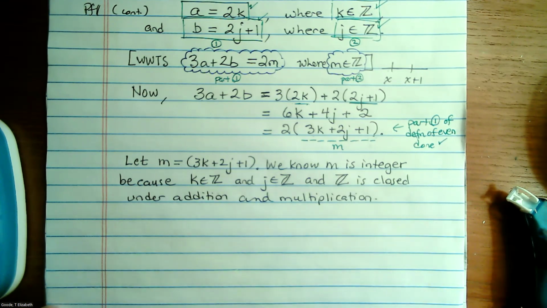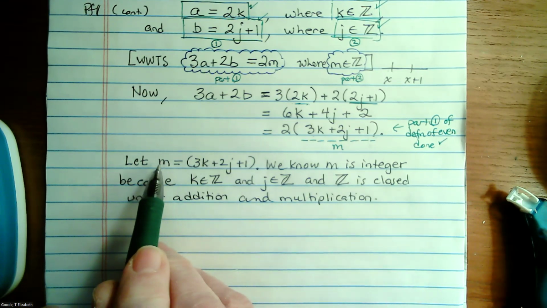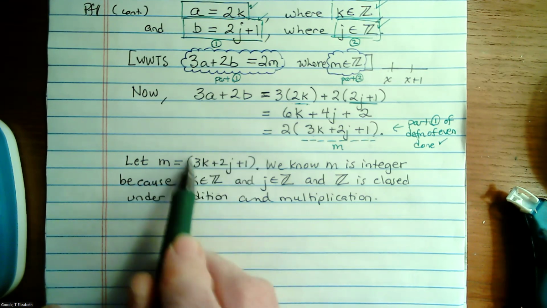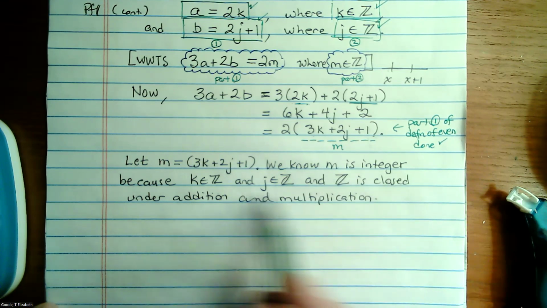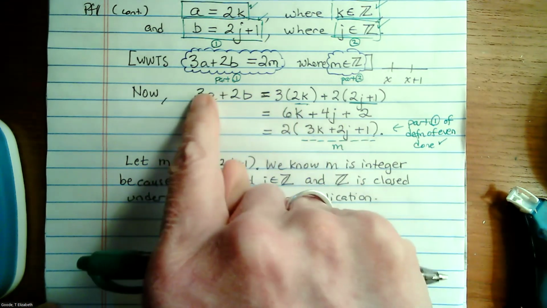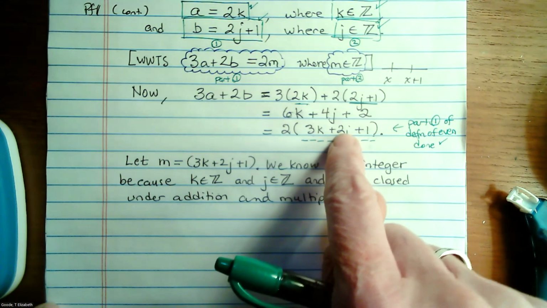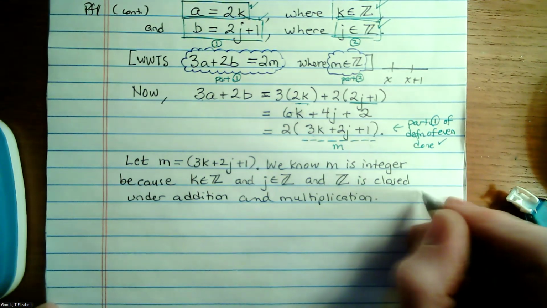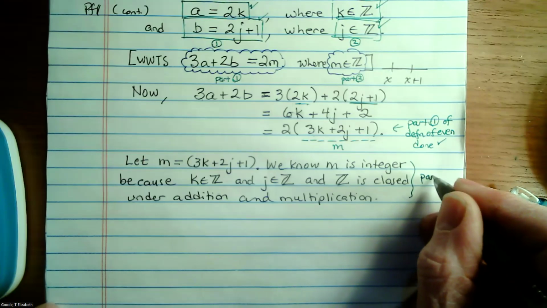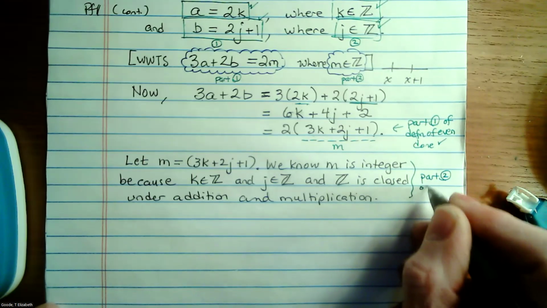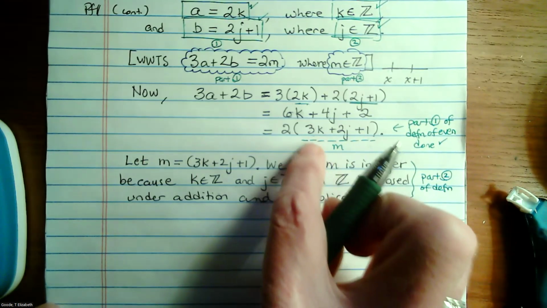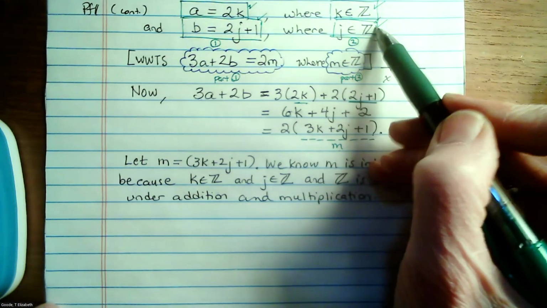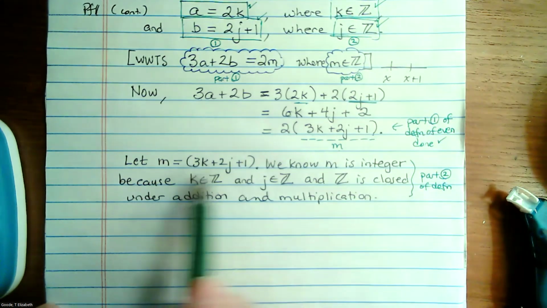It's okay to say that it's M here, we're just renaming an expression. Then we go on to say M is an integer. If you just go straight from this to 2M, your reader's like, what the heck is M? So this is all part two of the definition of even, showing this expression is an integer, but we have to use this money here to buy it.